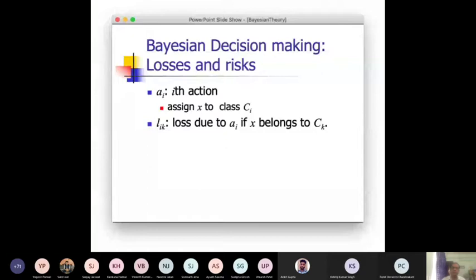It could be that it belongs to the class Ci, and also you are taking action AI, which means then this is given as LII.